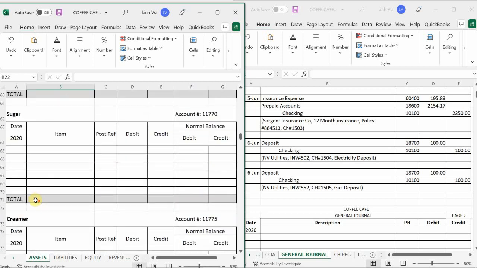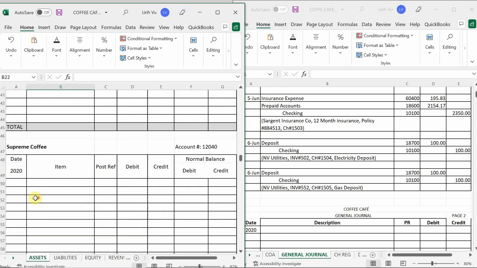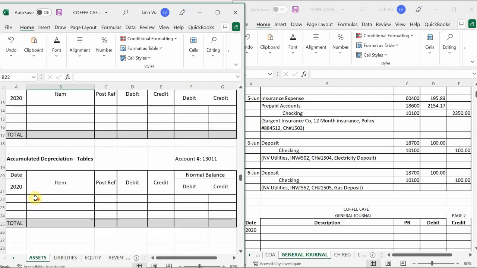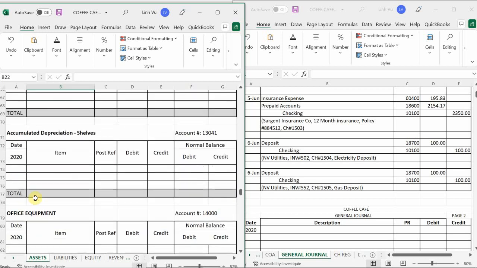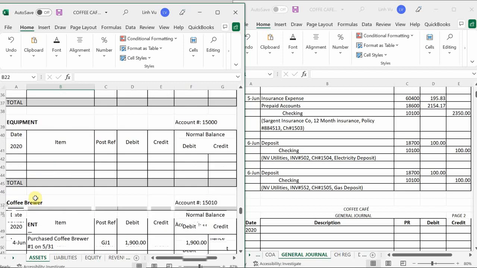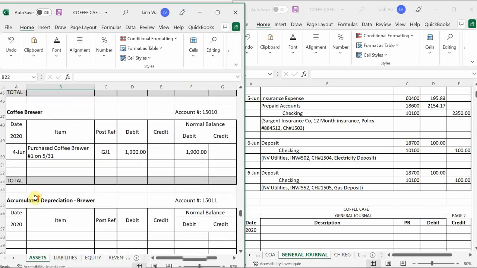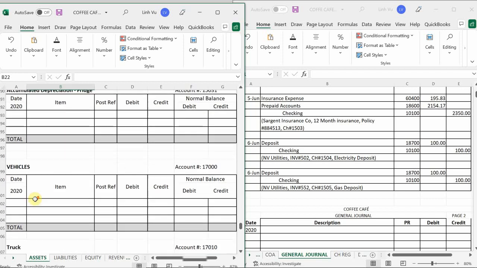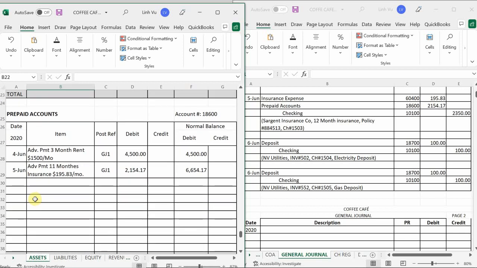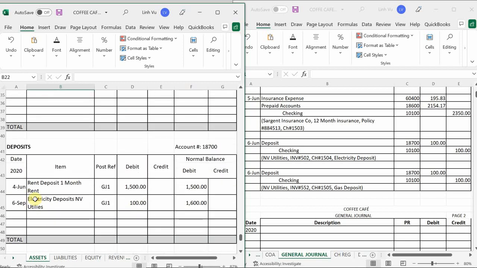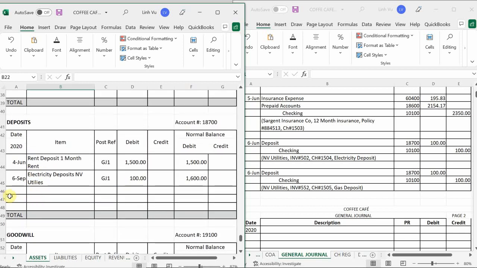And then I'm going to go down to my deposits because I need to also record that I spent $100 for the gas deposit. Okay, so here's prepaid accounts. There you go, deposits. So once again, it's the 6. What did you put a deposit down for? Gas deposit. NV Utilities.